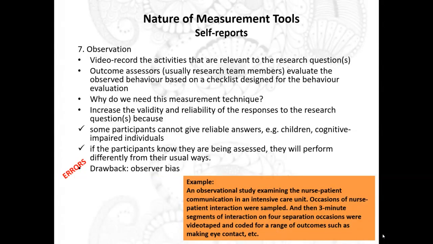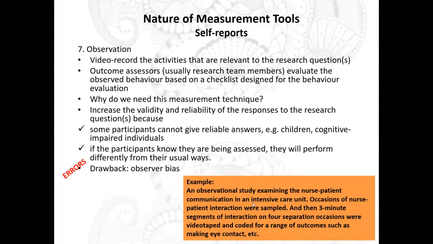So for observation, how do we do it? Usually we video record the activities that are relevant to the research questions, like the example here in the orange box: observational studies examining the nurse-patient communication in ICU.